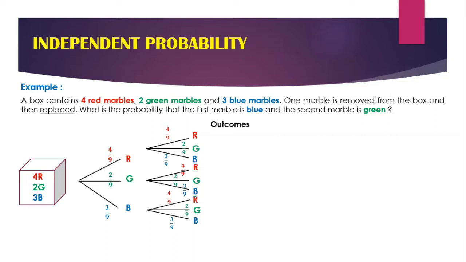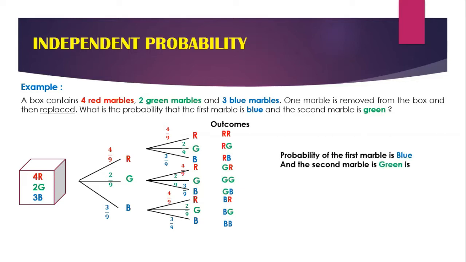Based on this diagram, we find the outcomes: red red, red green, red blue, green red, green green, green blue, blue red, blue green, and blue blue. Overall, we have 9 outcomes. The question is the probability that the first marble is blue and the second marble is green.